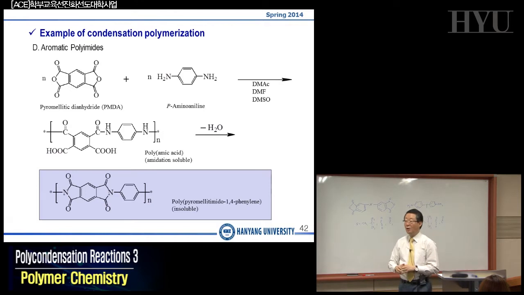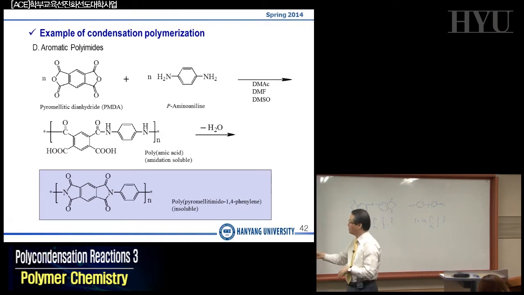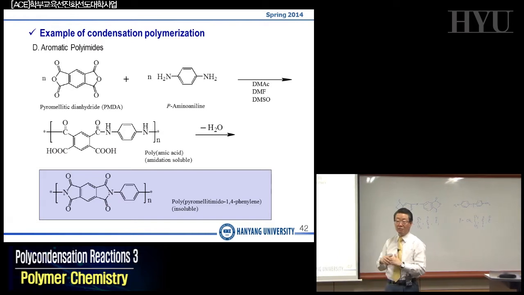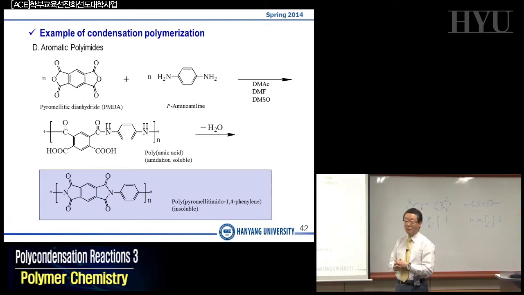By using different anhydrides and different amines, you can make a soluble polyimide so that you can dissolve the polyimide and coat it on top of the silicon wafer so that you can remove the solvent rather than water.